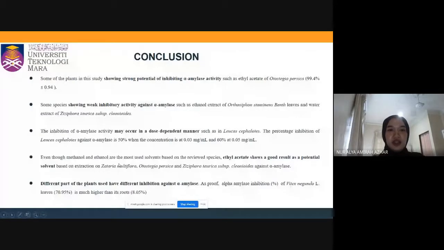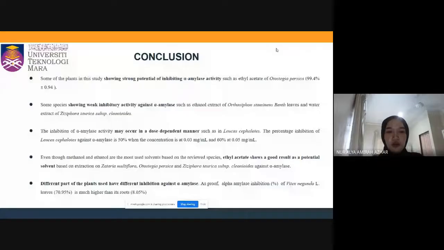As the conclusion, some of the plants in this study show strong potential of inhibiting alpha-amylase, such as ethyl acetate of Otostegia persica. However, some of the plants show weak inhibitory activity against alpha-amylase. In addition, the inhibition of alpha-amylase may occur in a dose-dependent manner, which is in Leucocephalos.